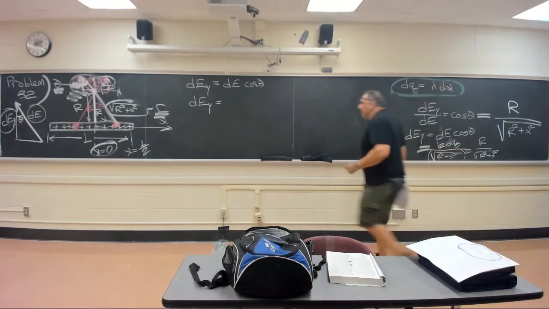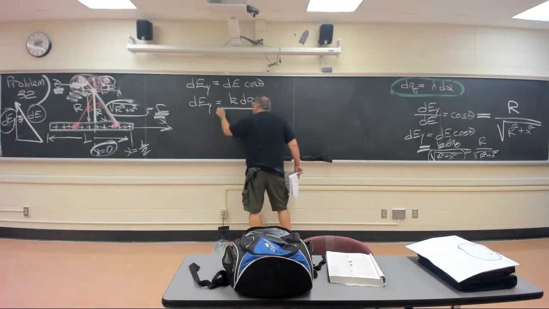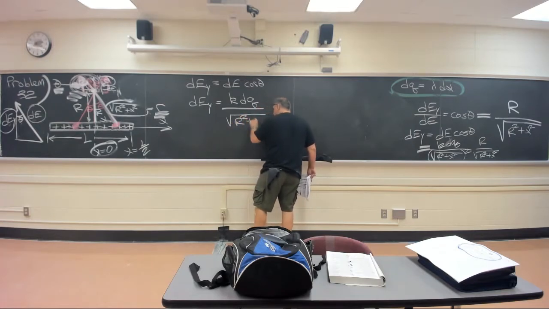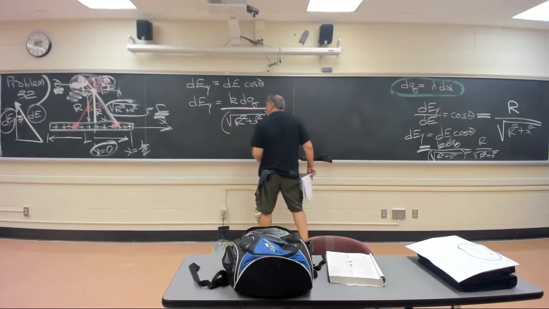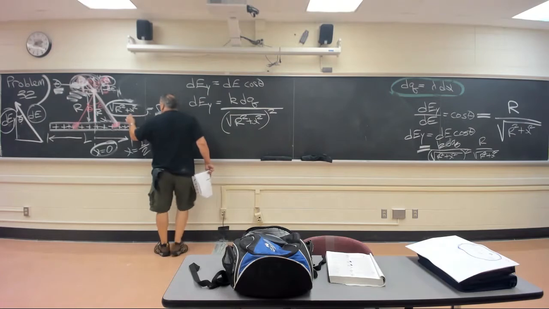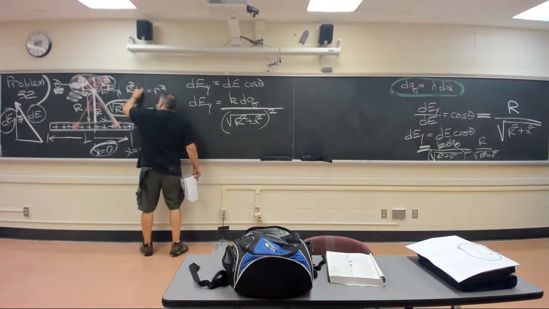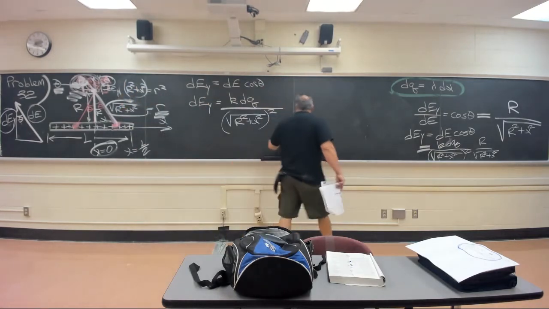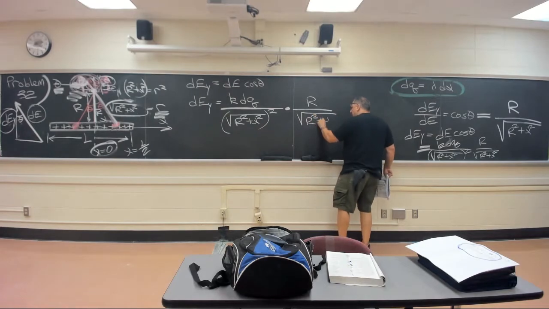dE we said was, and I think it's a little clearer when it's written in the center of the board like that, the length of the hypotenuse, correct, squared. That's your r squared. If R is this, the r squared at the bottom is going to be R squared plus x squared. Cosine of theta is R over the square root of the hypotenuse.